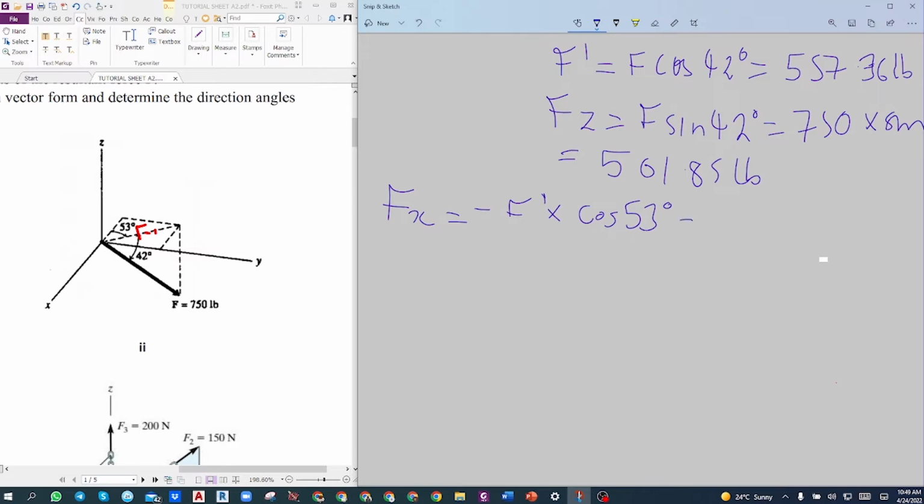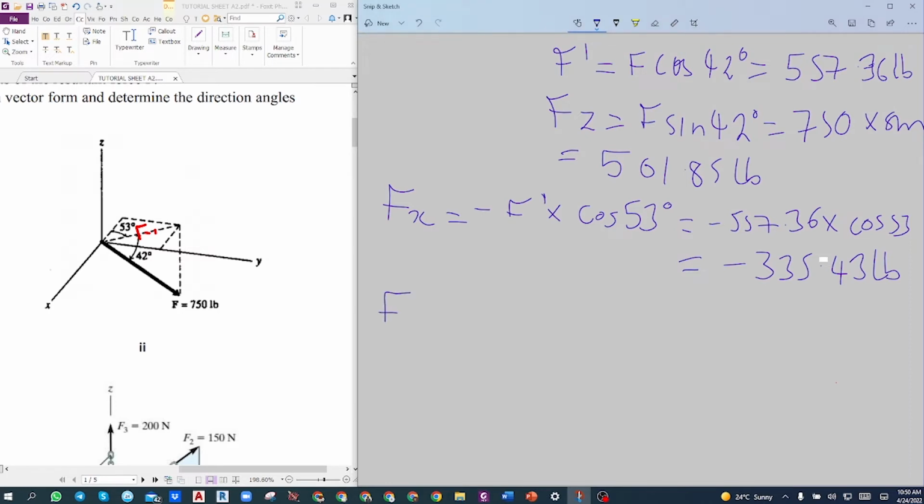So this will be negative 557.36 times cos 53, which is negative 335.43 pounds.